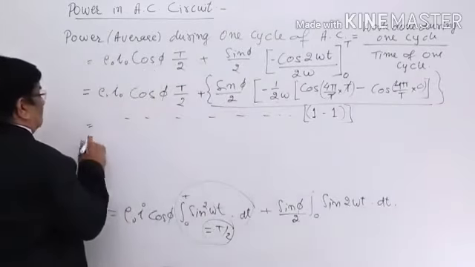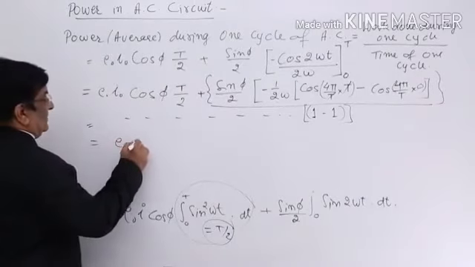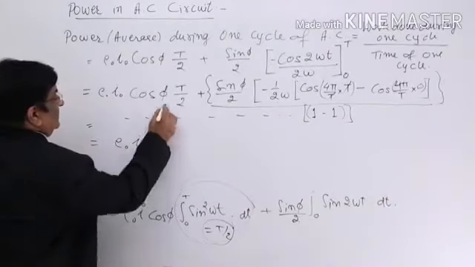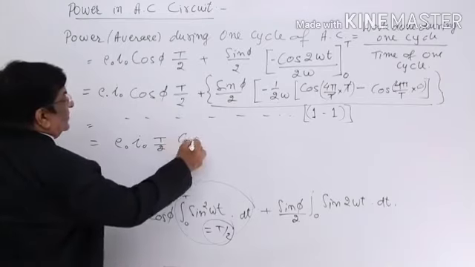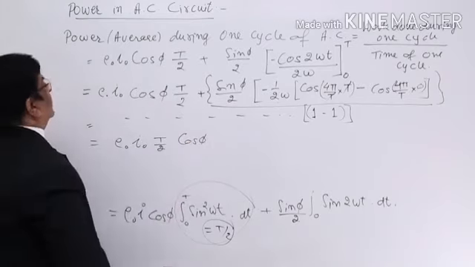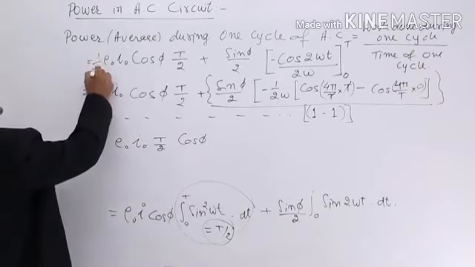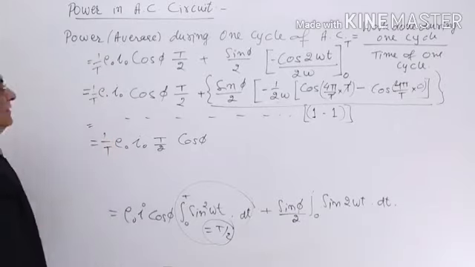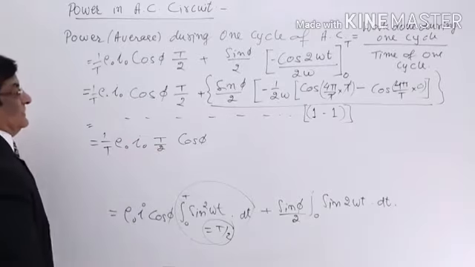So what remains here is E naught, I naught, T by 2 into cos phi, and the whole thing had the 1 upon T going on from the very beginning.